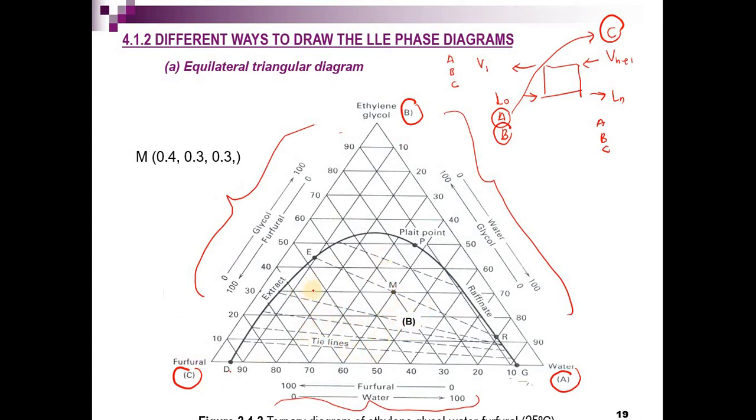Now let's see how to put, let's say I mix the feed and the solvent. If I can draw here, this is the feed L naught, and I will also put the solvent Vn plus 1.